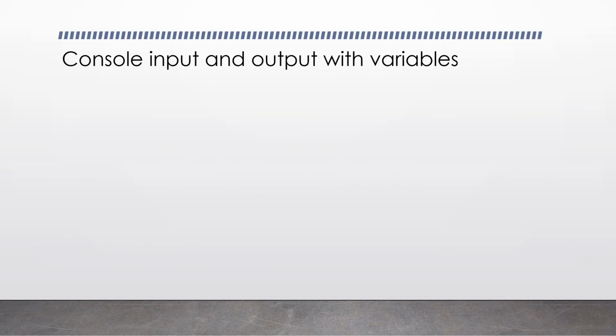Okay. It would be pretty useless to have all these variables if you couldn't do cool stuff with them. So I want to talk about two things you can do with variables. One is that you can input and output with them, and the other is that you can do some mathematical manipulation with them.